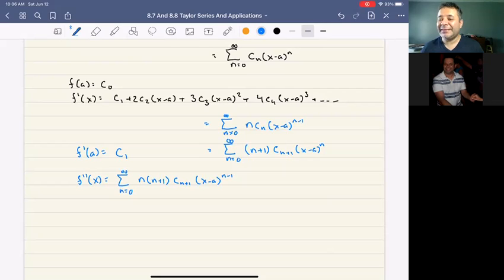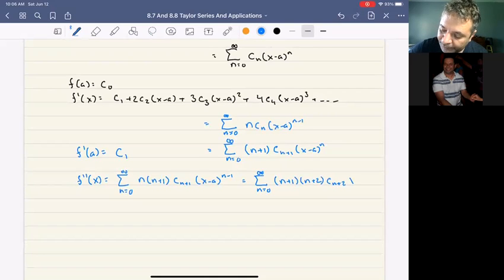Again, we're going to do this same game of shifting indices from 0 to infinity. I don't like that n equals 0, I don't like that n minus 1, so I'm going to shift it out. The sum of (n plus 1)(n plus 2) c sub n plus 2 (x minus a) to the n.